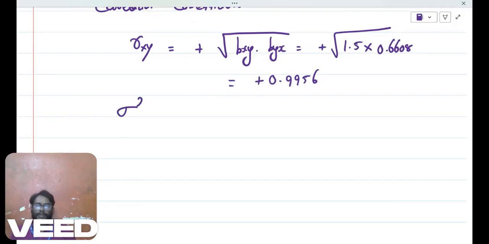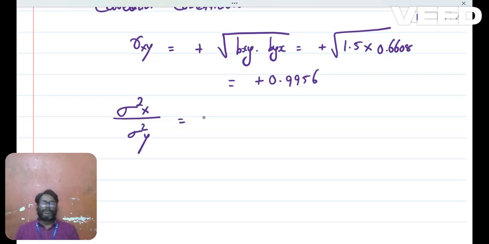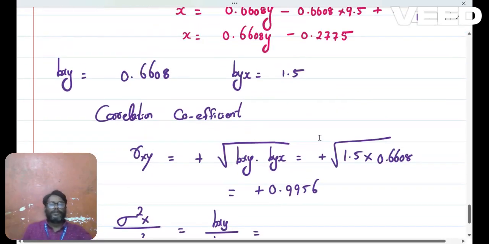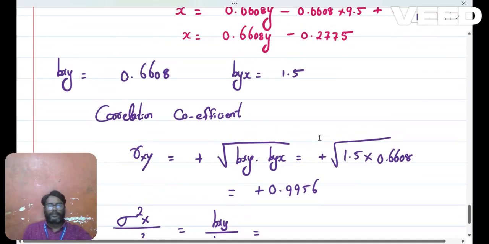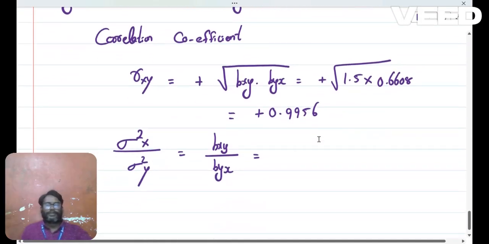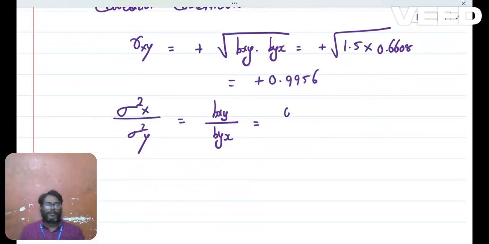Next, sigma square x divided by sigma square y. This value is equal to b of xy divided by b of yx, which is 0.6608 divided by 1.5.